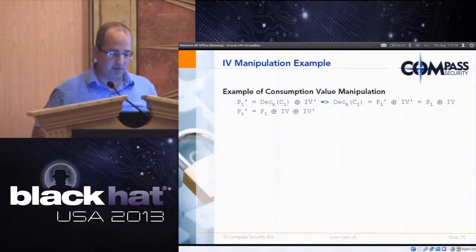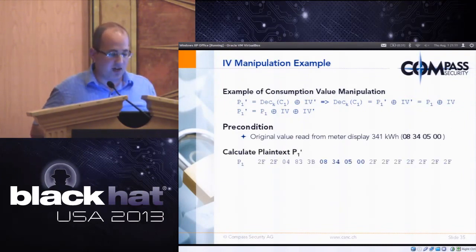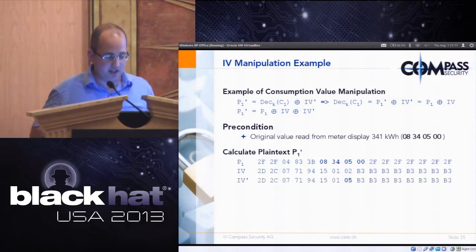Okay, how could we manipulate that? So let's say we read a consumption value of 341 kilowatt hours from the meter. Let's calculate a fake consumption value for that. We take the plain text, the IV, and then we say, okay, we're going to manipulate the IV at that special position there.